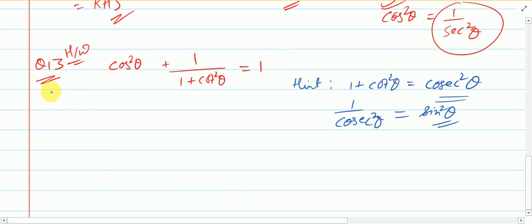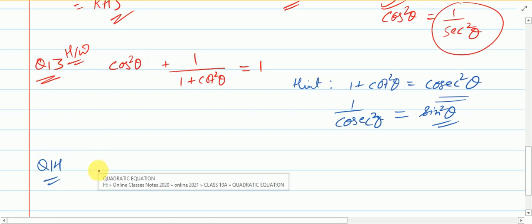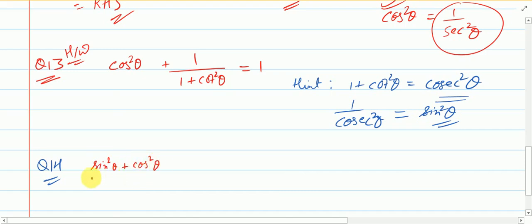Now let us see question number 14. Okay, so question 14 is sine square theta plus cos square theta upon sec square theta minus tan square theta is equal to 1.